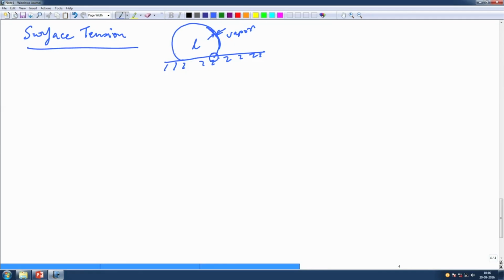So, surface tension is the one which allows this droplet to maintain its shape. It is not just the liquid vapor surface tension, it is the liquid solid surface tension or the vapor solid surface tension that allows it to form this kind of a shape. When you inject a droplet into a tower in which there is a flow, if the flow rate is small, this droplet will be nice and spherical.